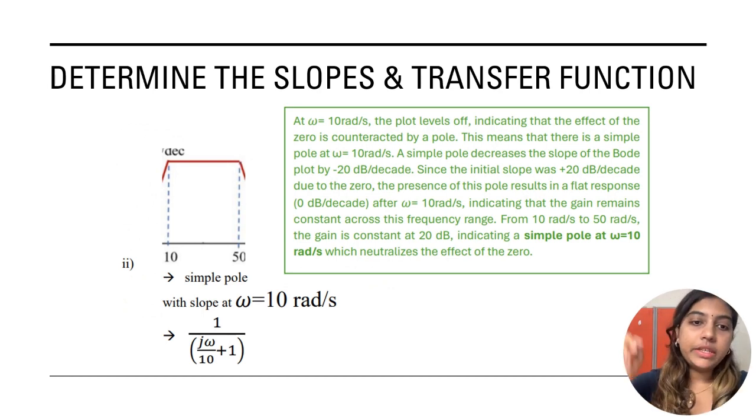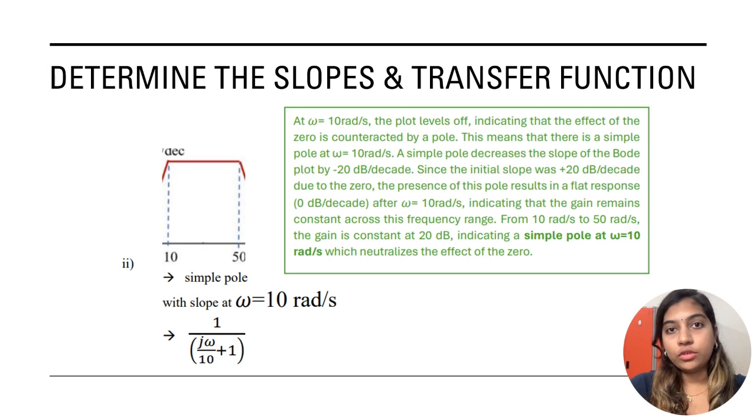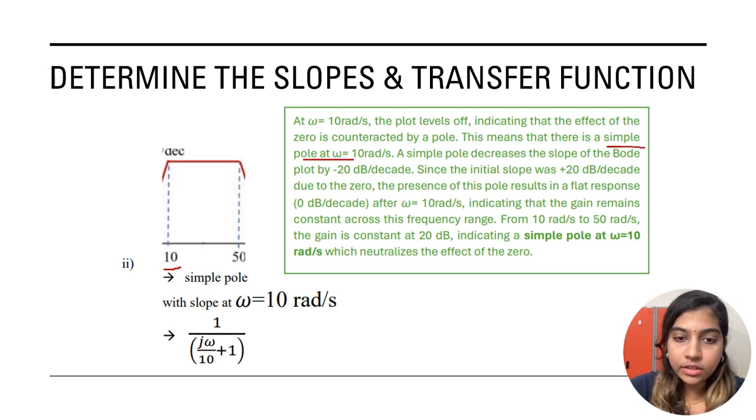The next step is we need to determine the slopes and transfer function of the middle part of the bode plot given. So as you can see in this diagram, we can understand that at omega 10 radian per second, the plot levels off, which indicates the effect of the 0 is counteracted by a pole. This means there is a simple pole present at omega 10 radian per second.